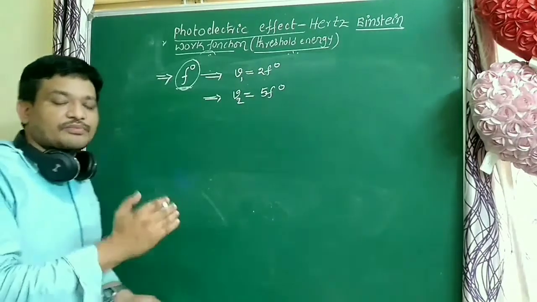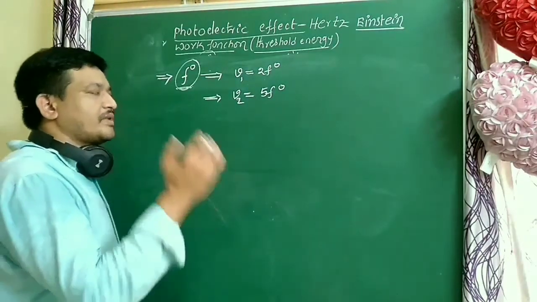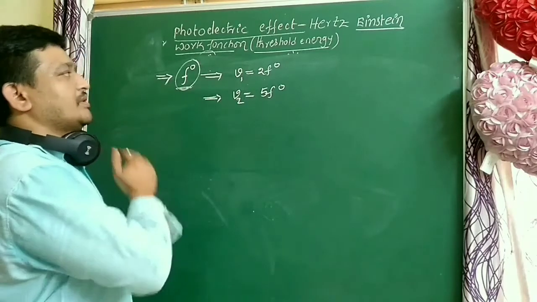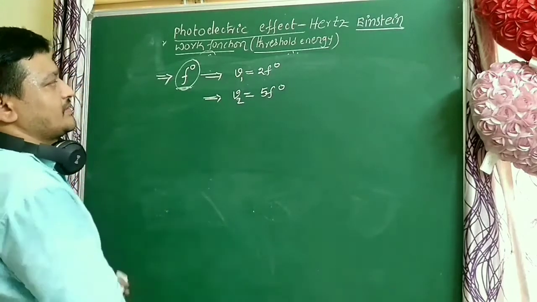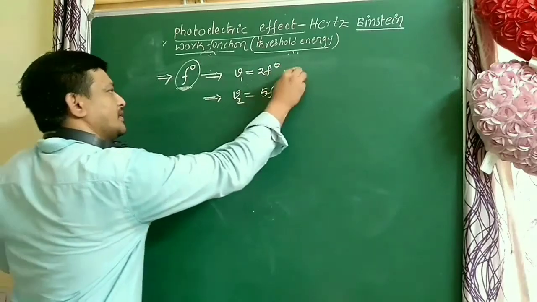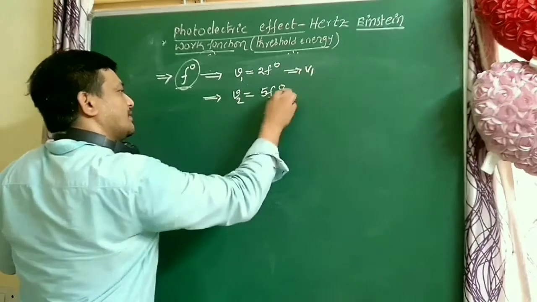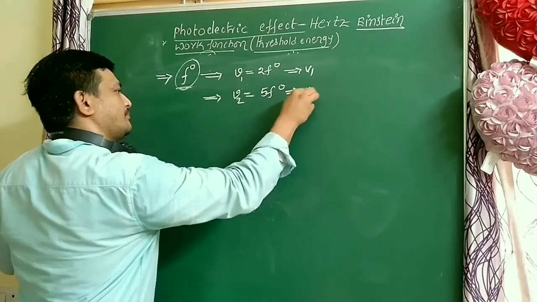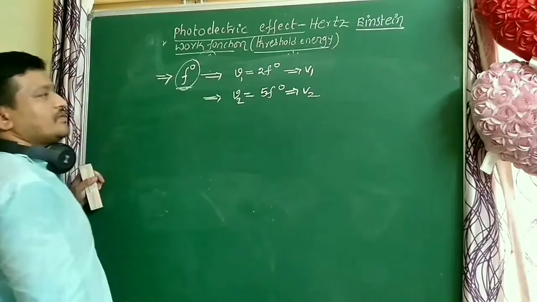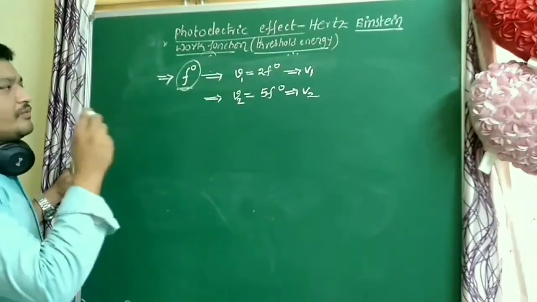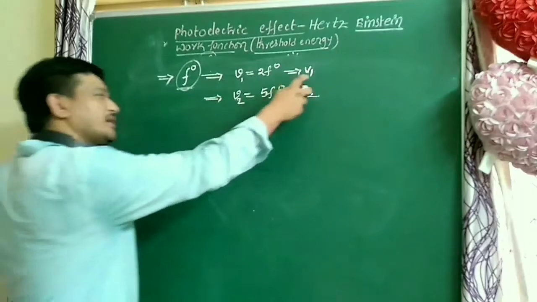What is the ratio of the velocities? Here the first velocity is V1, here the velocity is V2. What is the ratio of V1 and V2?